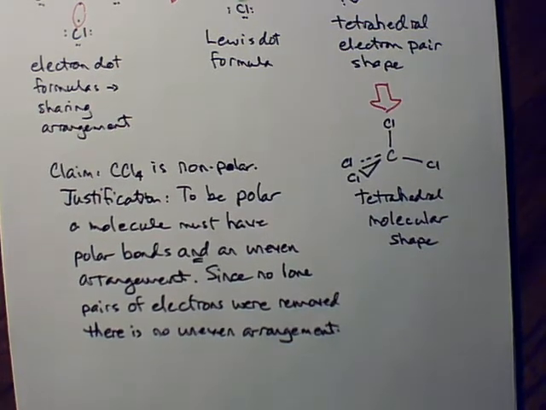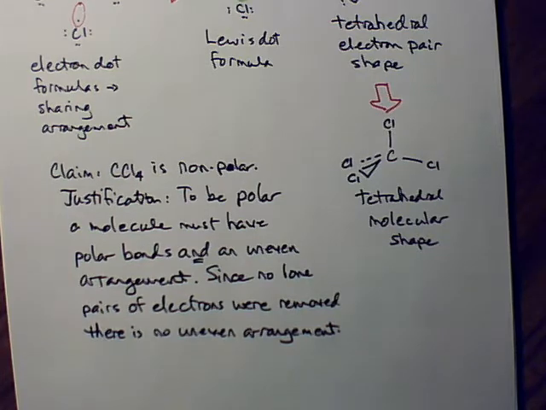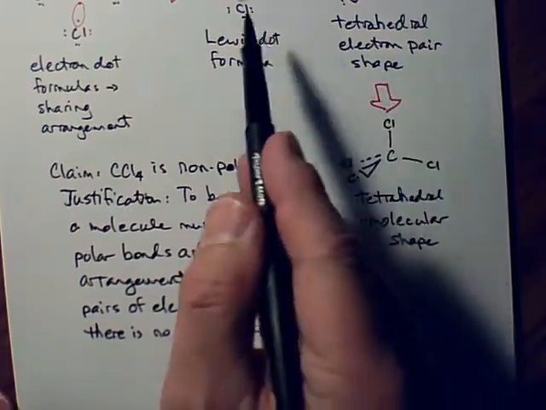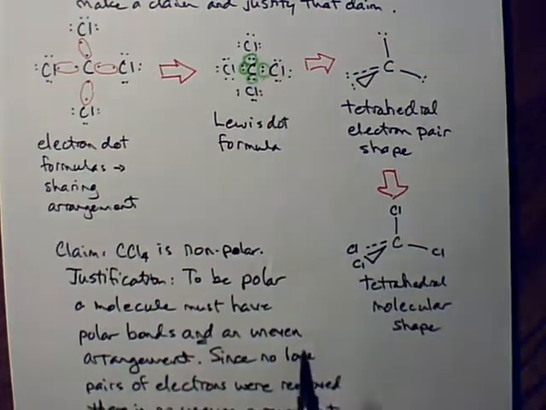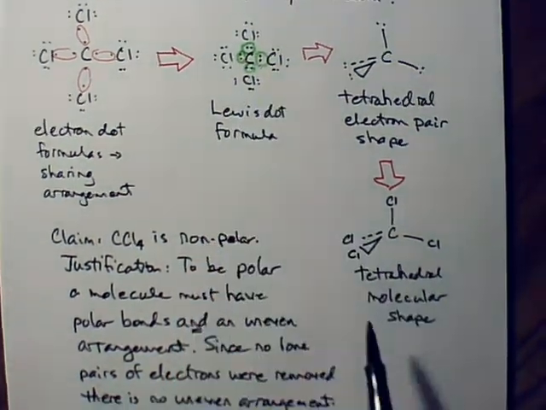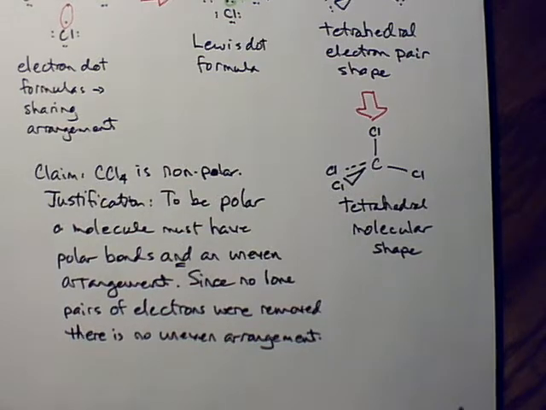How did everybody do? So you might need a tetrahedral bent shape, whatever. There is no bent shape. There's no modified electron pair shape because we didn't have any lone pairs back here on the Lewis dot formula. Not on the central atom anyway. The central atom only had shared pairs, so there's not going to be a modified electron pair shape.